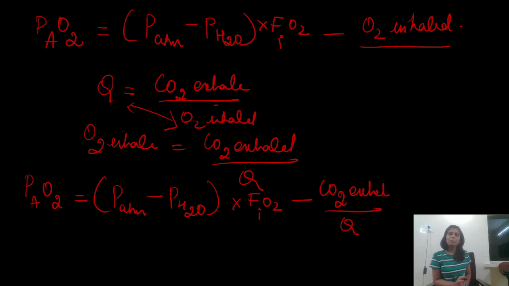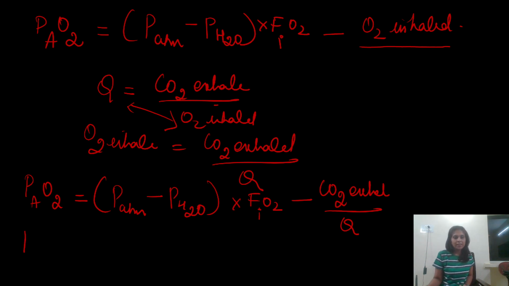Okay. Now, where will the carbon dioxide that is exhaled stay? The carbon dioxide that is exhaled is going to be there in the alveoli. Do you understand this? The carbon dioxide that has come out of the pulmonary capillary is going to be there in the alveoli. So instead of having it as carbon dioxide exhaled, I am going to substitute it with alveolar partial pressure of carbon dioxide.